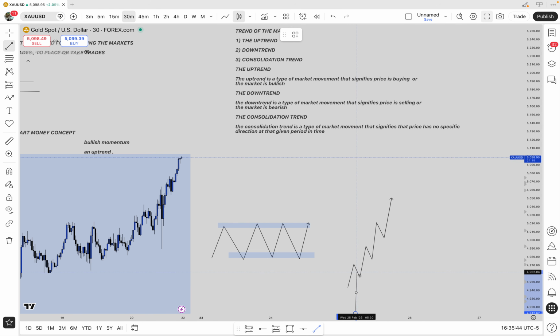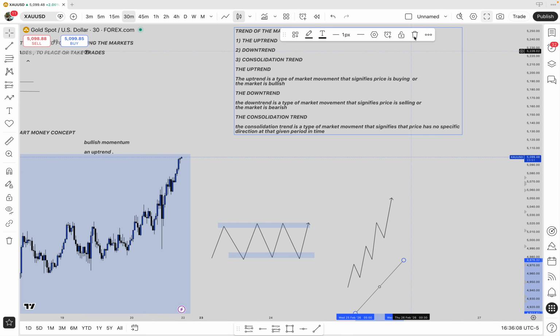In a bullish momentum, the requirements for a bullish trend require the market to give you a high that is higher than the previous high and a low that is higher than the previous low. So this low is higher than this previous low, and this high is higher than this previous high. So we can call this a bullish momentum, but I'm not going to really emphasize more on this.